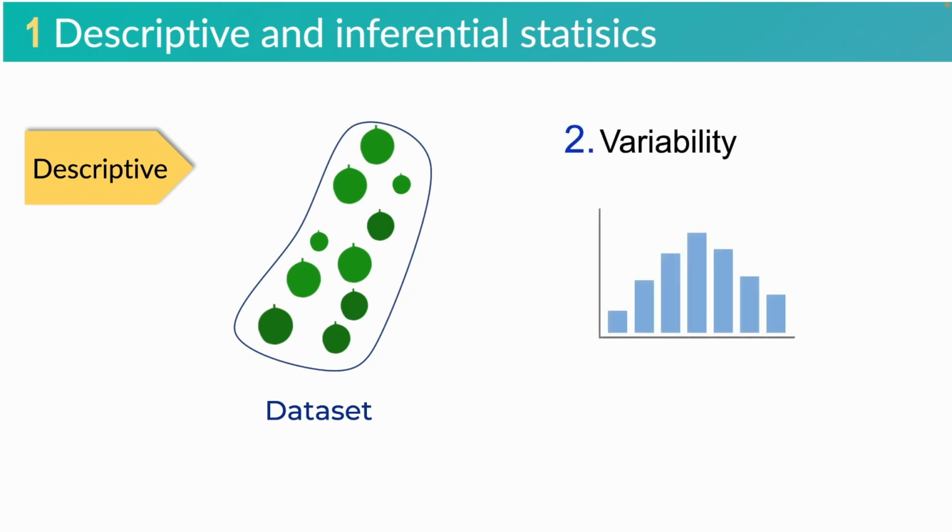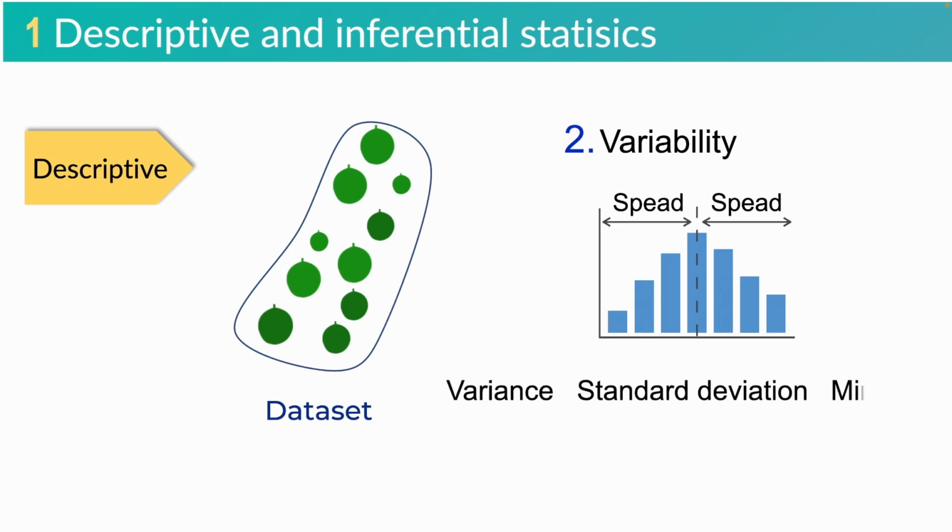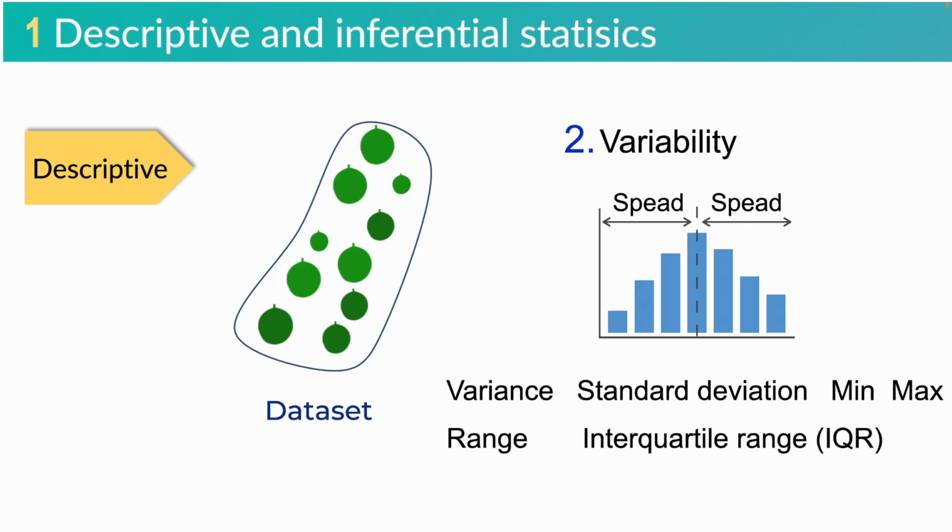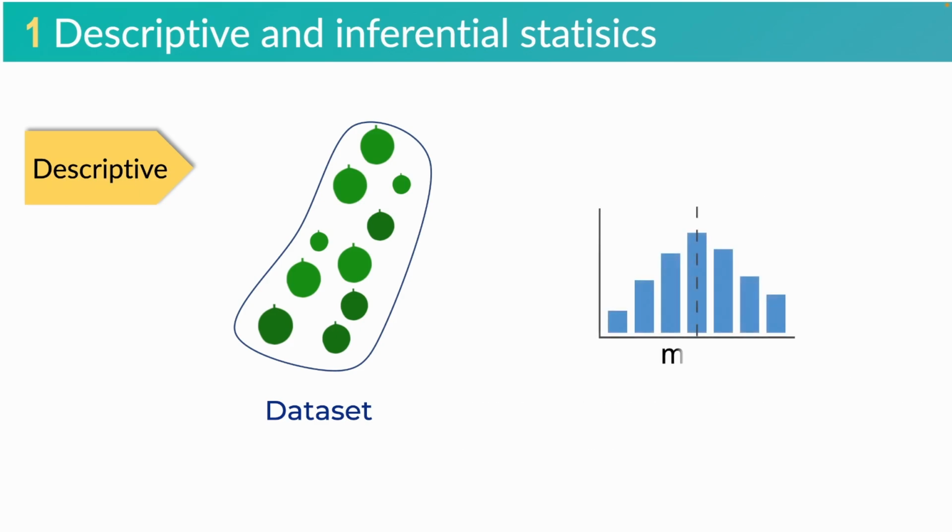In contrast to the measure of central tendency, the measure of variability or dispersion attempts to quantify the spread of the data, and these include variance, standard deviation, max, min, range, and interquartile range. Mean and standard deviation are the most common measures for descriptive statistics.